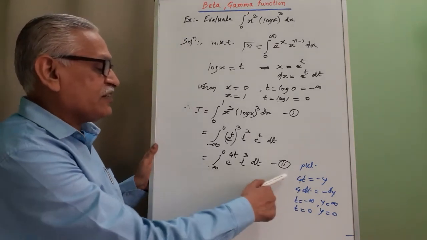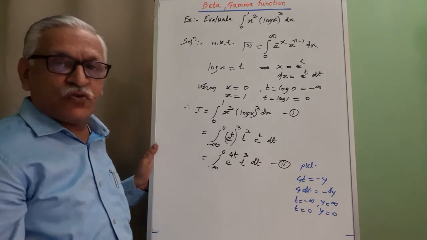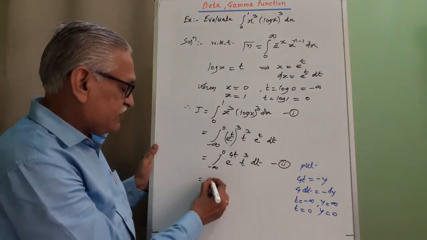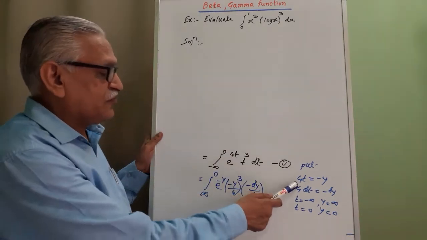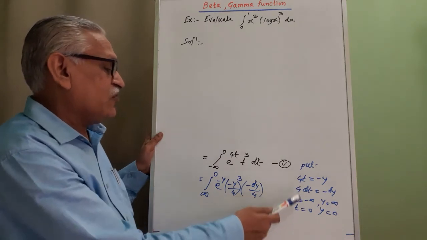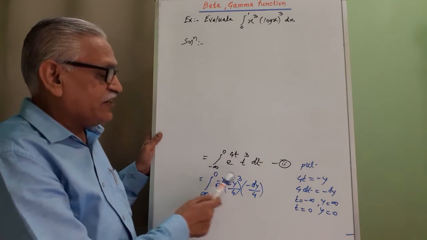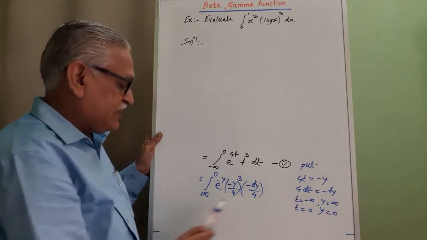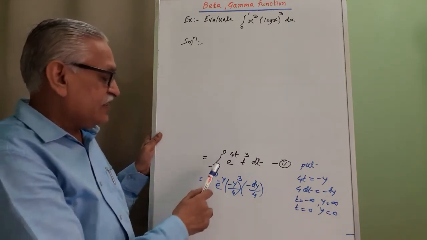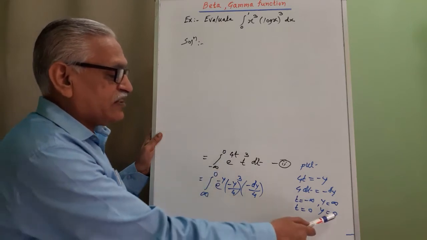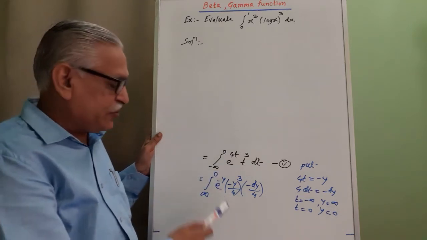Substituting the limits and other information, equation 2 becomes: for minus infinity we get plus infinity as the lower limit, and for the upper limit 0, we get y as 0.